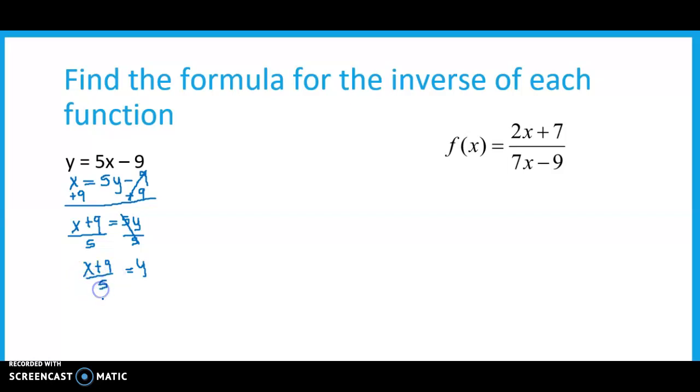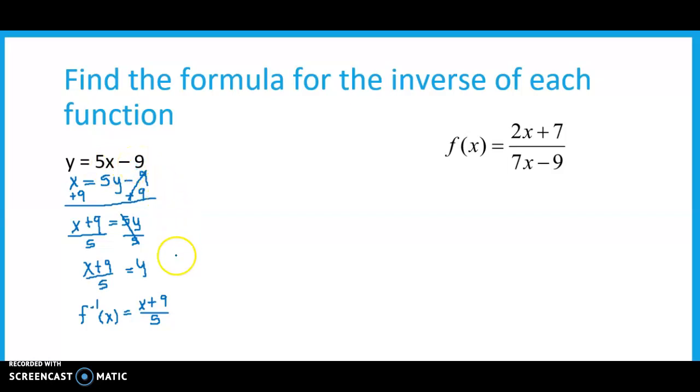If I want to put this into function notation and indicate that it is the inverse, I can use the f with a little -1 indicating the inverse of f of x is the function x plus 9 divided by 5.